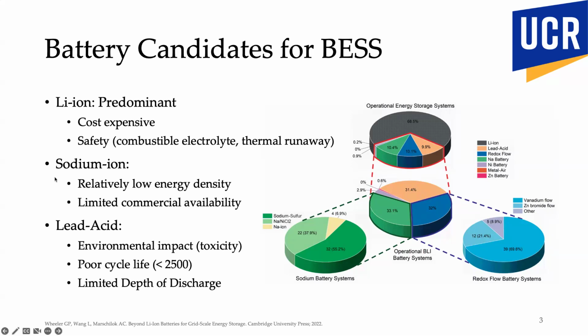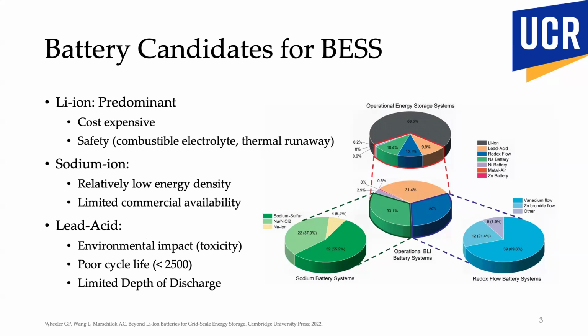That's a very serious safety issue. Sodium-ion, compared with lithium-ion, usually has relatively low energy density, and it is not as commercialized as lithium-ion. For lead acid, the very straightforward disadvantage is the environmental impact, because it uses very toxic materials.